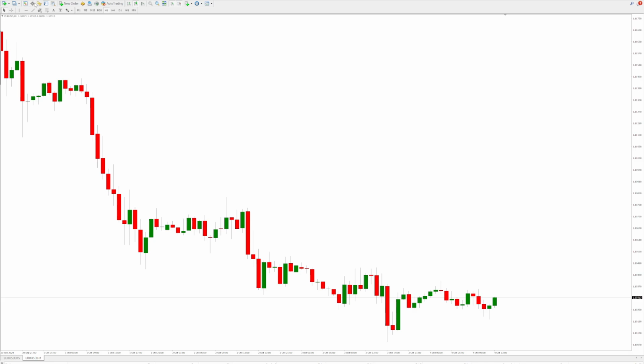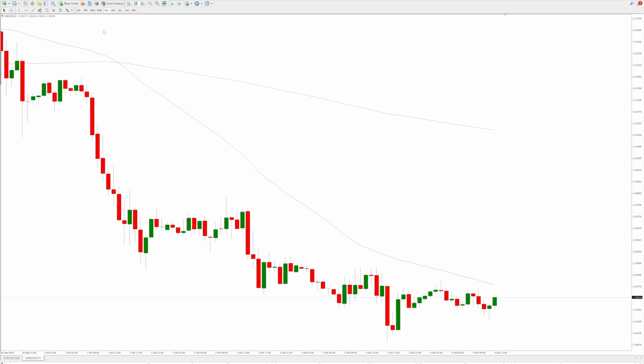So the first thing we do is we put the moving averages onto the chart. So the golden cross, you have a 200 moving average and a 50 moving average.